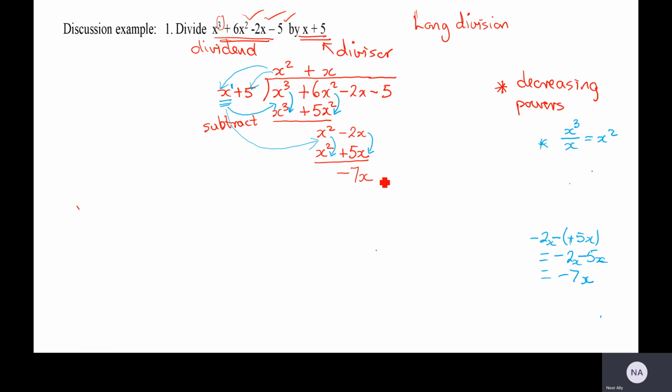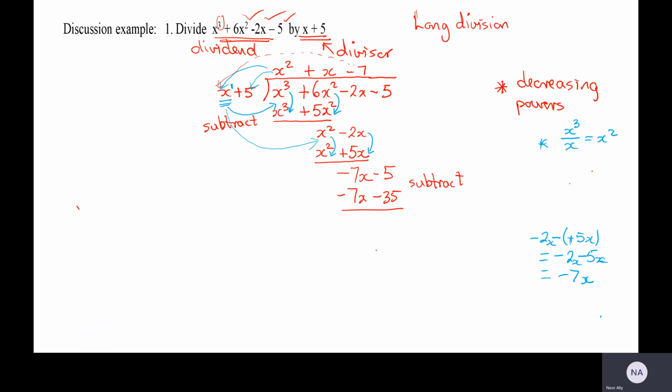After the subtraction, bring down the next term, repeat the process. x goes into minus 7x. Watch the sign now. That will give you minus 7. What do we do with the minus 7? Multiply out both the terms. Minus 7 times x is minus 7x, minus 7 times 5 is negative 35. Subtract here, and check the signs.